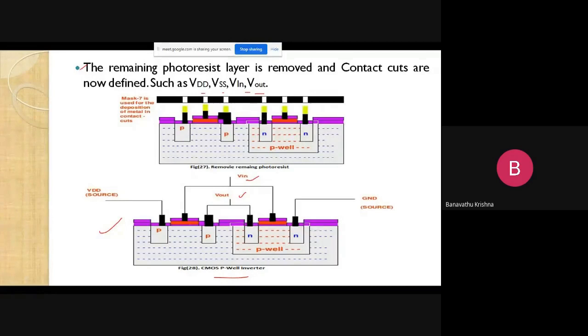The common gate terminals are taken as V input, and the common drain terminals are taken as V output. And other source terminals, one is going to be VDD, the other one VSS. Right? This is the complete procedure and basic steps for the implementation of the CMOS fabrication process in P-well.